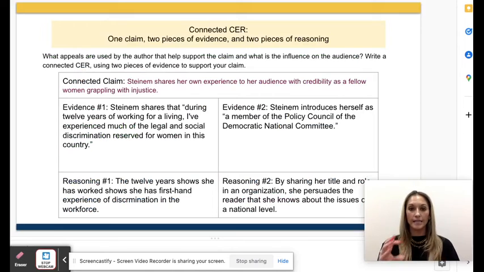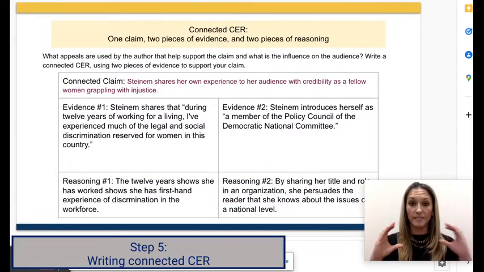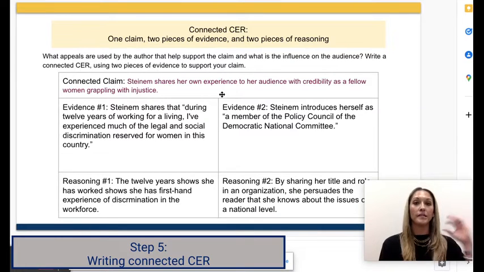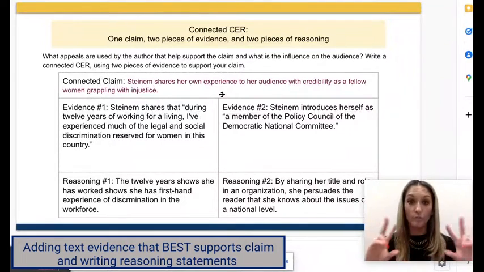I then take this frame and I start to build my connected CER. I put my connected claim right here at the top, and I also have the prompt here for reference. But my connected claim, again, is: Steinem shares her own experience with her audience to establish credibility as a fellow woman grappling with injustice. Now I need to include my two pieces of evidence.